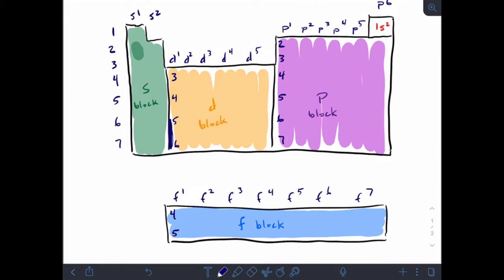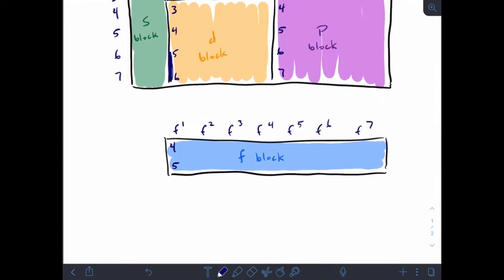So doing electron configurations is actually a very simple process. What you want to do is read the periodic table like a book.